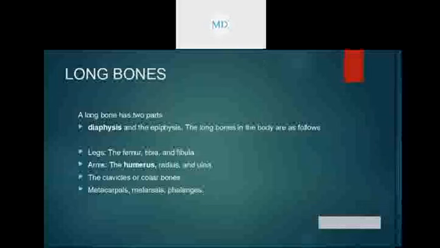In your arms, you will get long bones in the humerus, radius, and ulna. The clavicles, you will get in the clavicles or else scapular bones also, and metacarpals, metatarsals, and phalanges. We will come to all these names later on. For now, you just note it down.